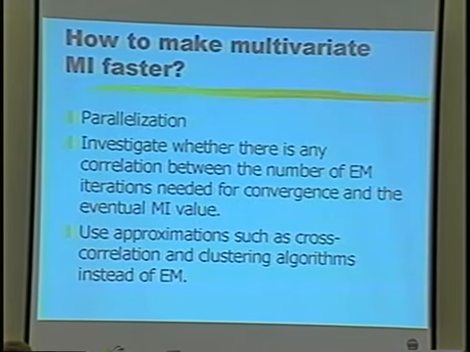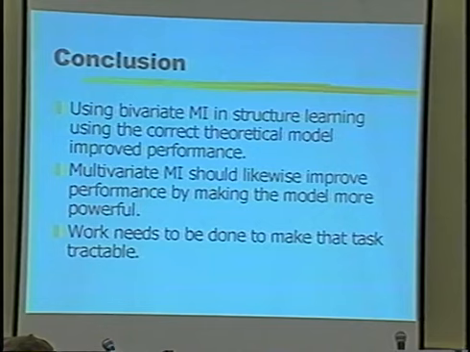So just to conclude, the bivariate MI calculation has proven to be very useful when we have one link per child. We can also use heuristics to extend it to 2 links or 3 links, but it's unlikely that we can go higher than that without losing performance.